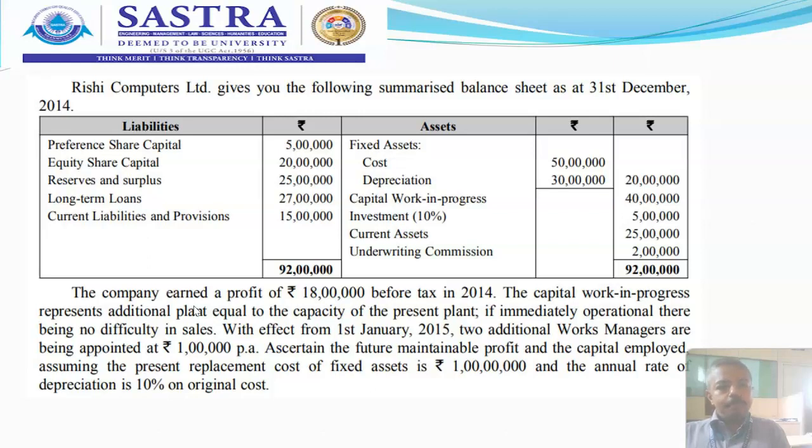In the example given in the sum, if the super profit is 6,06,000, then multiplied by 2, you will get 12,12,000. This is how we calculate goodwill under the purchase of super profit method.